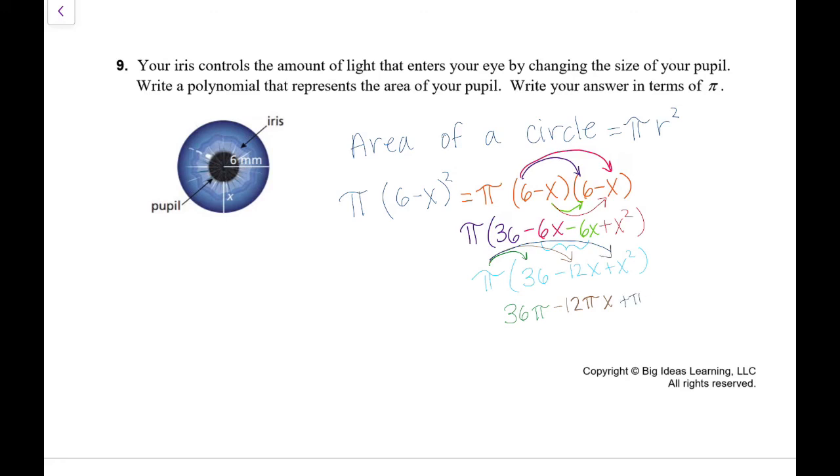Now, I want to write this in standard form, so I put my highest power first. Pi x squared minus 12 pi x and plus 36 pi at the end. And this would be the equation for the pupil of your eye if the outside circle was equal to 6 millimeters.